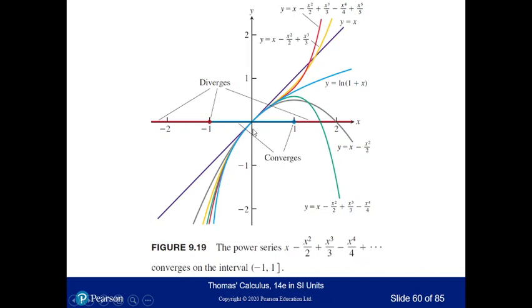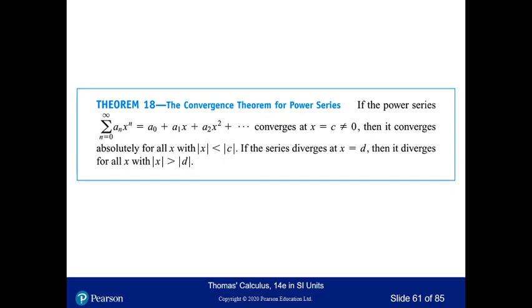This is not a coincidence. But outside of negative 1 and 1, you cannot say that. Look, they are opening up, they are getting far away from our blue function. But in this interval, they are acting similarly.